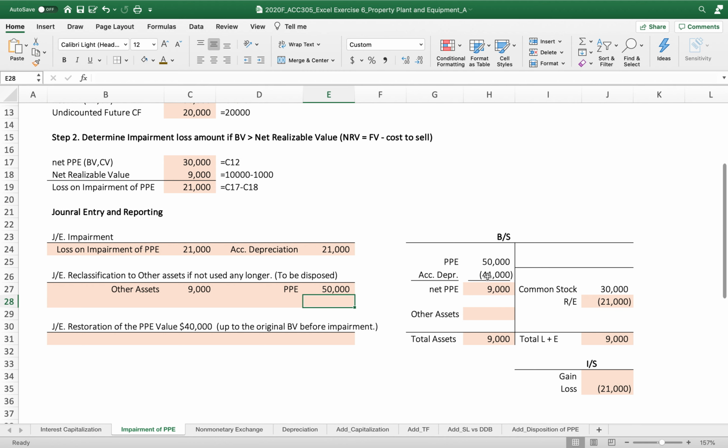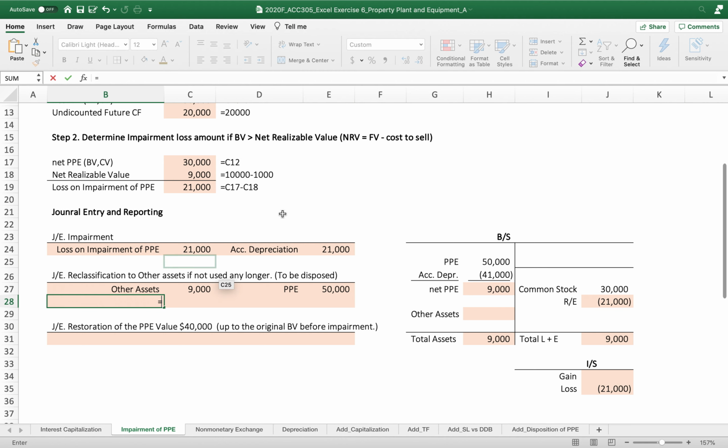So in order to reduce this $41,000 accumulated depreciation, it should be recorded on the debit side. Why? Because that is the contra account. So by putting this accumulated depreciation on the debit side, how much? By 41,000.